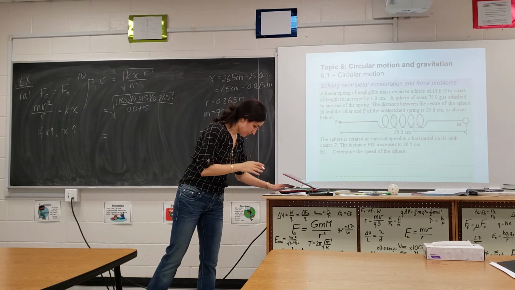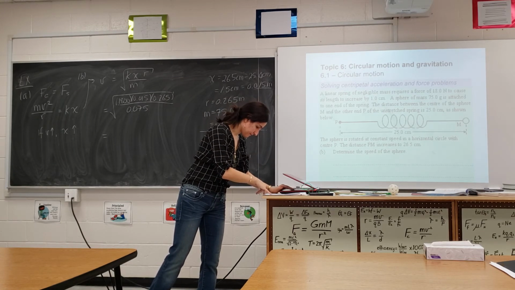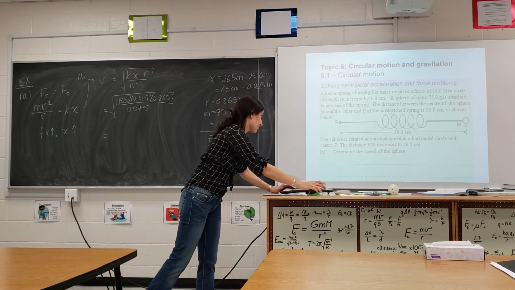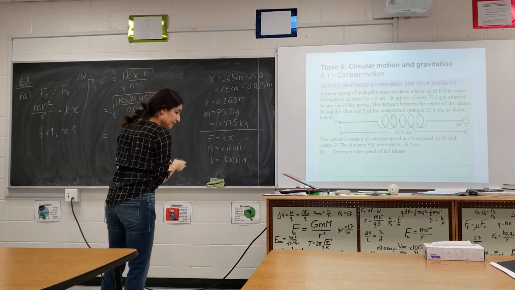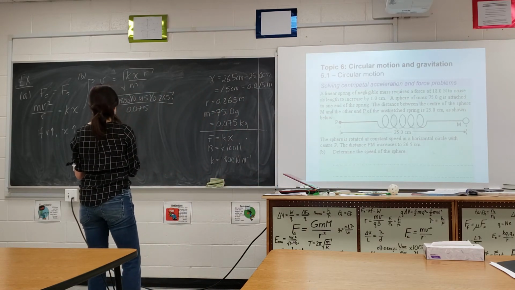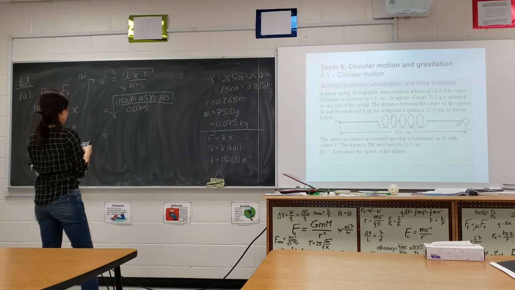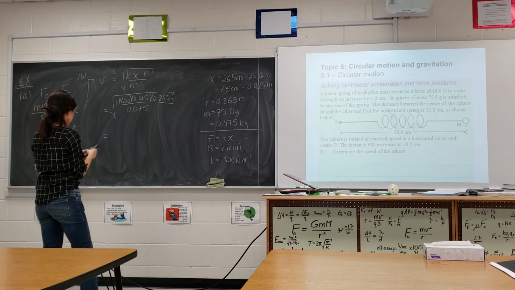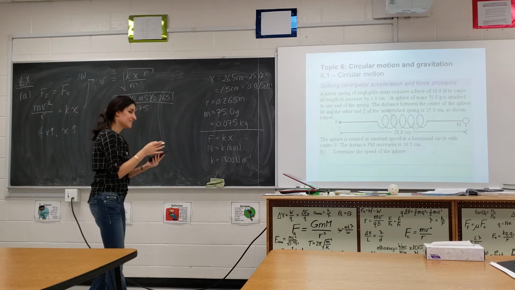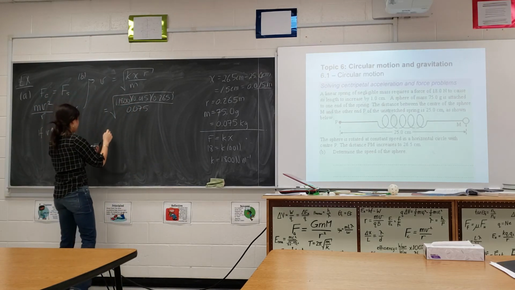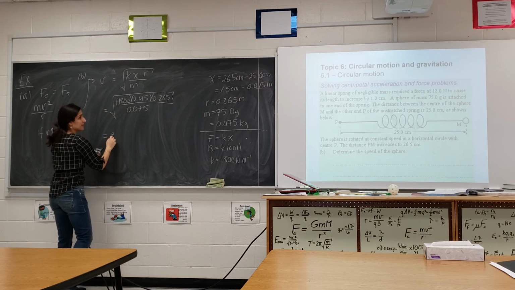All right, here we go. Let's just use the calculator here. All right. 1,800 times 0.015 times 0.265 divided by 0.075, square root, and we're getting approximately 9.76 or 9.77.